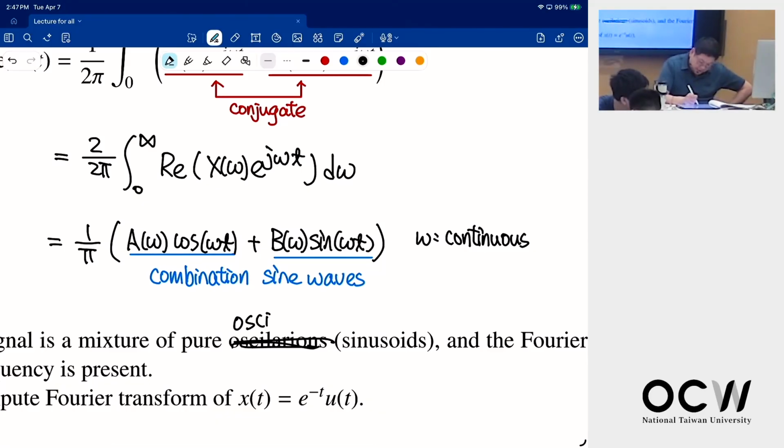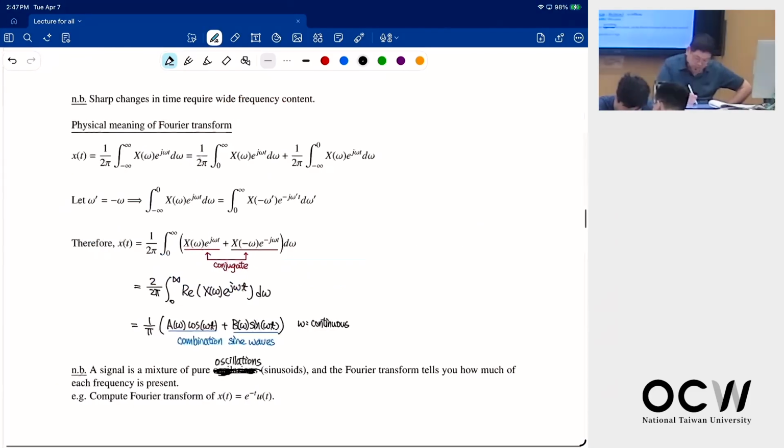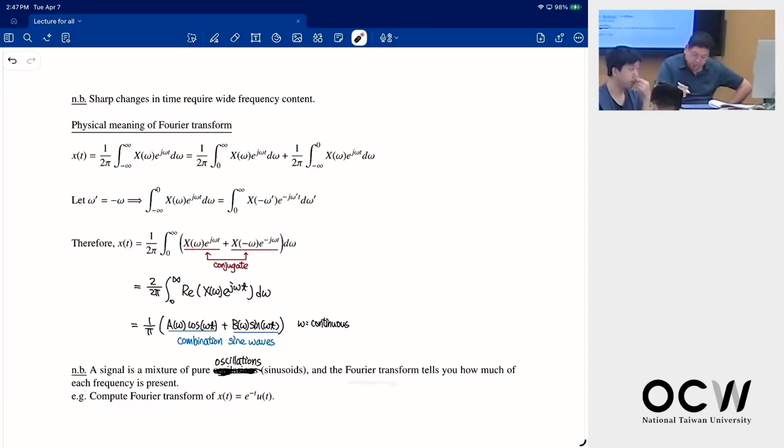So the Fourier transform may tell you how much of each frequency is present to form your signal. Okay, so your signal consists of a combination of sine waves.